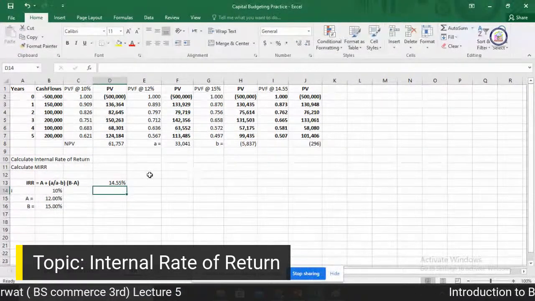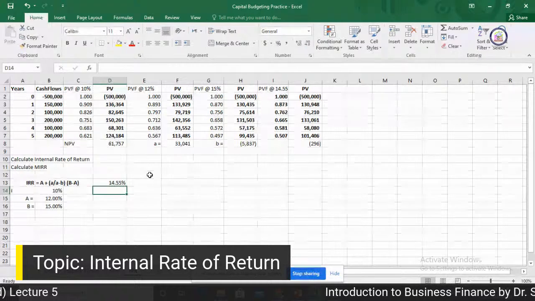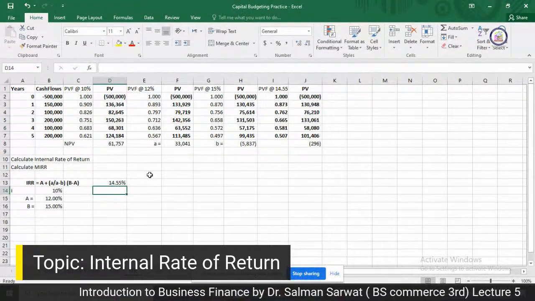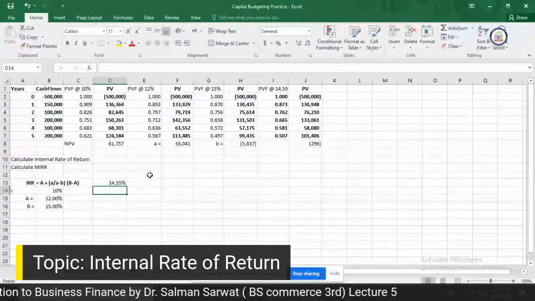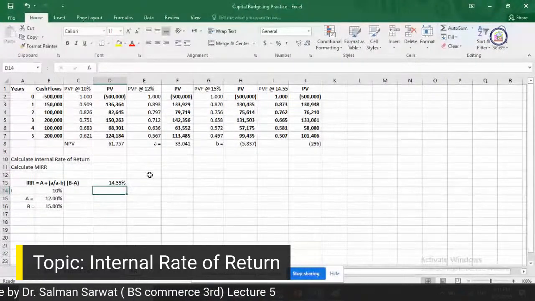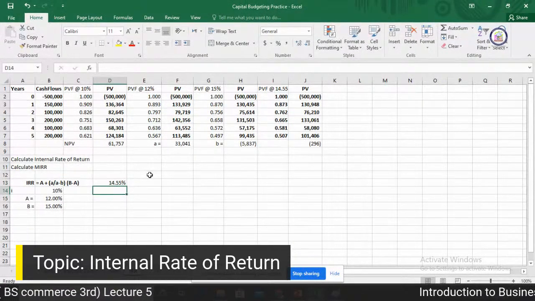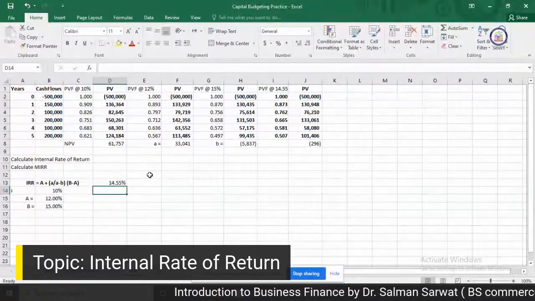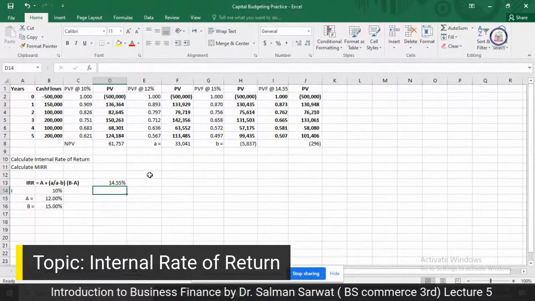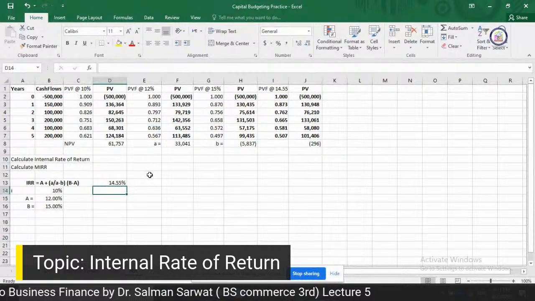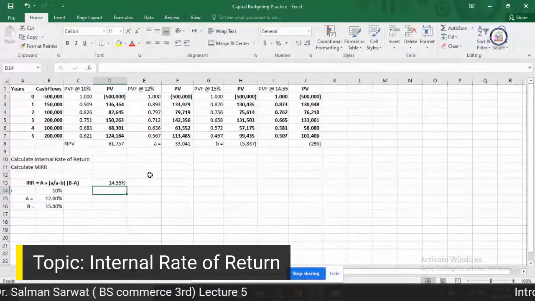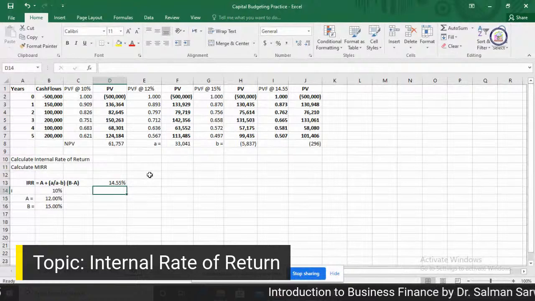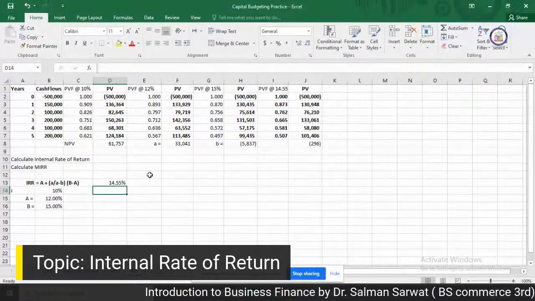In the next class, we are going to discuss modified IRR, and also the pros and cons of every capital budgeting technique, and which technique is more suitable. We will discuss that in the next session. Thank you very much, and we will have another session after a break of 5 to 6 minutes. Okay, thank you.